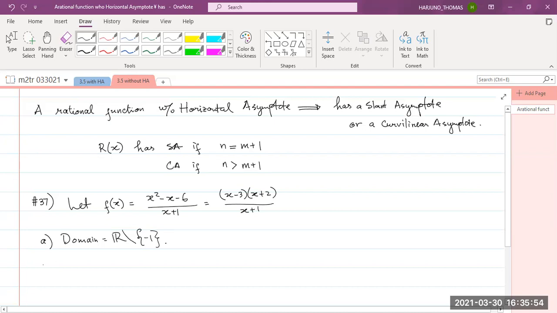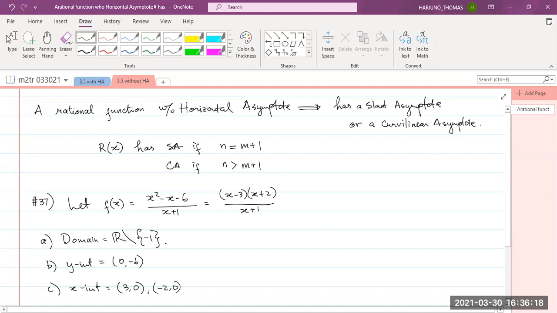How about the y-intercept? The y-intercept is (0, -6), right? When x equals 0, that's -6 over 1. How about the x-intercepts? The x-intercepts will be (3, 0) and (-2, 0). You have to factor them first.